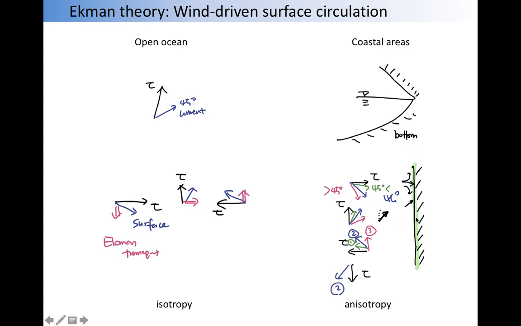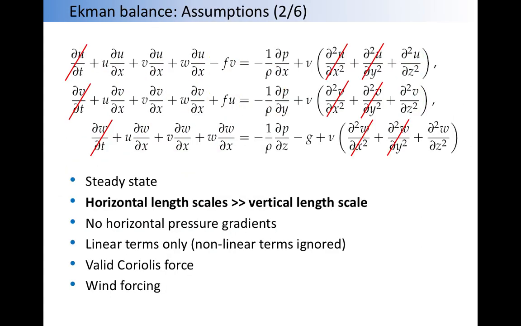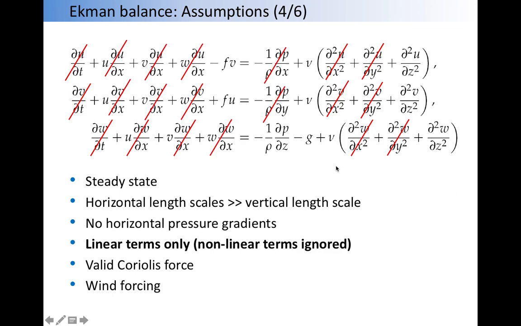It generates a relative difference of sea level that generates a pressure gradient. So in this final form, we may have to keep that in order to understand the coastal circulation.